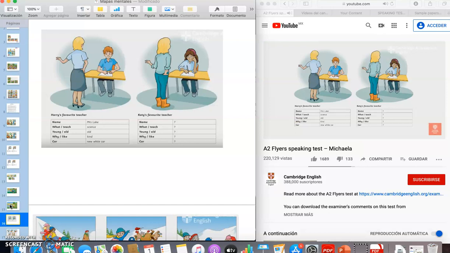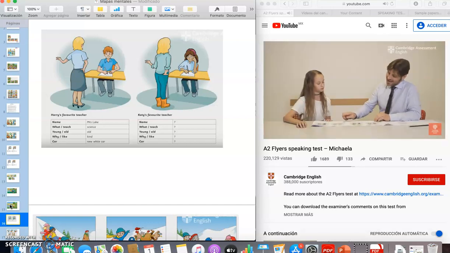Harry and Katie go to the same school. I don't know anything about Harry's favorite teacher, but you do. So I'm going to ask you some questions. What's Harry's favorite teacher called? She's called Mrs. Lake.